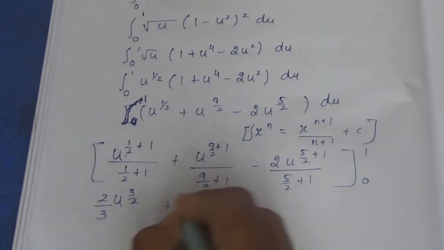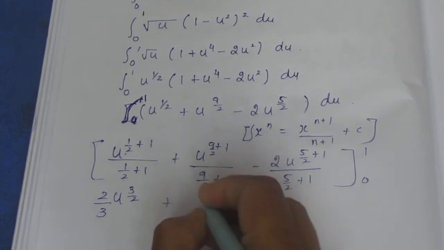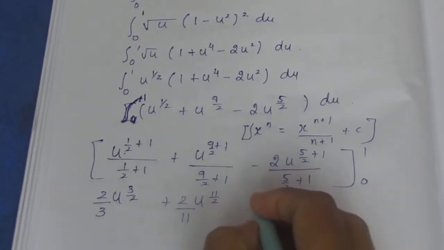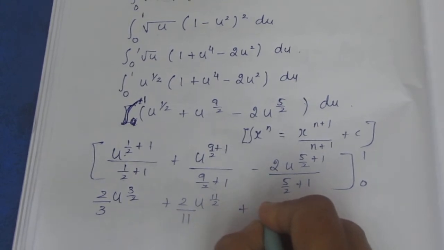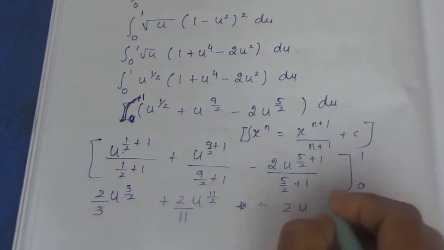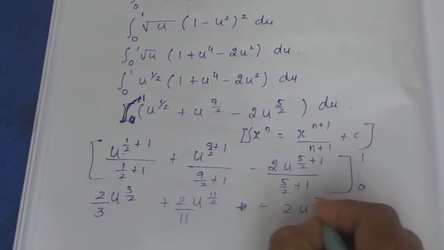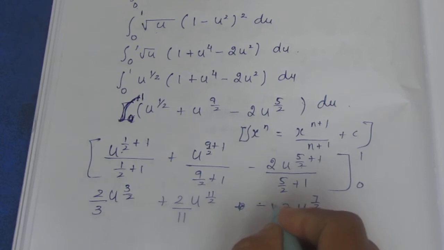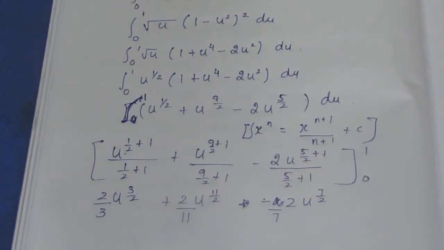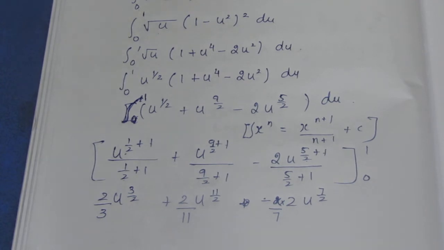The same thing here: 11, so u power 11 by 2. Here this becomes 2 by 11. Minus 2 into u power, 2 ones are 2 plus 5, 7 by 2. The numerator also becomes 2 by 7. The denominator will become 7 by 2. I am taking it to the numerator, it becomes 2 by 7.